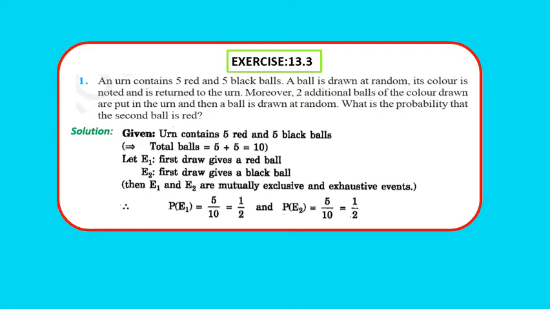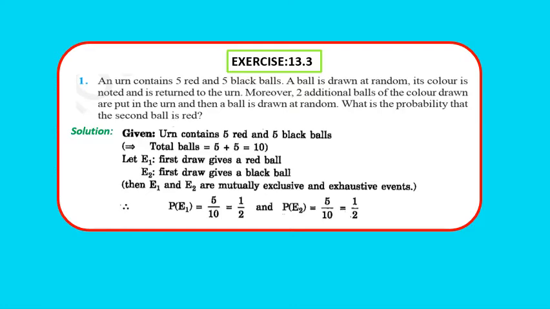And question 1 is: an urn contains 5 red and 5 black balls. A ball is drawn at random. Its color is noted and it is returned to the urn. Moreover, 2 additional balls of the color drawn are put in the urn and then a ball is drawn at random. What is the probability that the second ball is red?